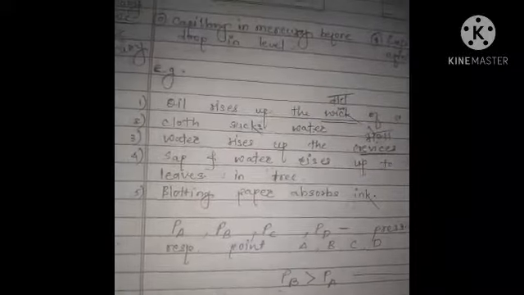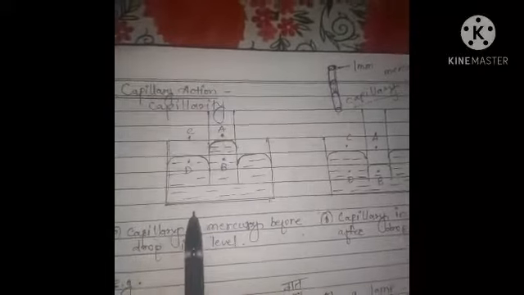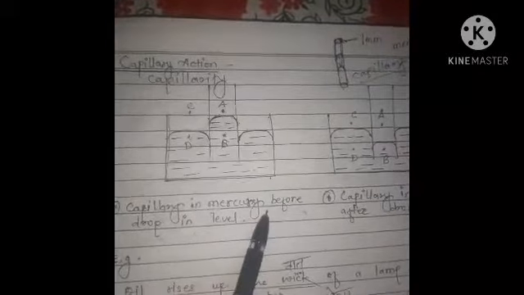Now, let us consider this diagram. Suppose this capillary tube is dipped in mercury.